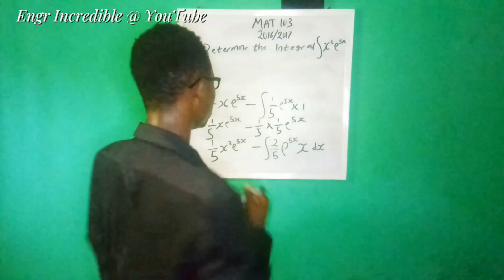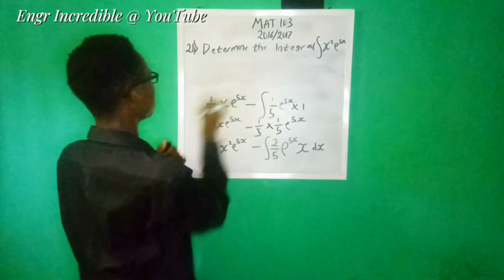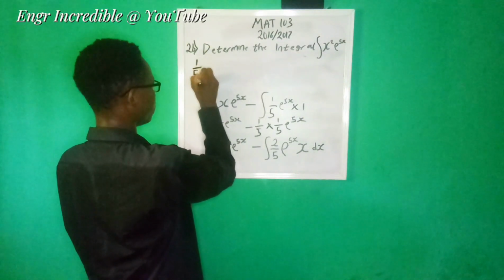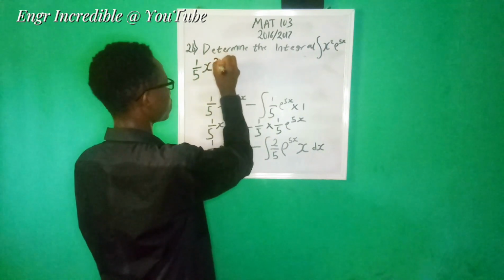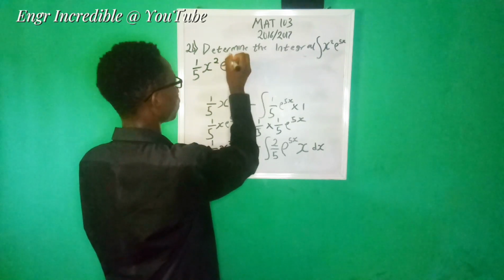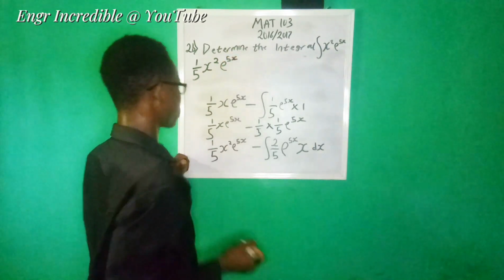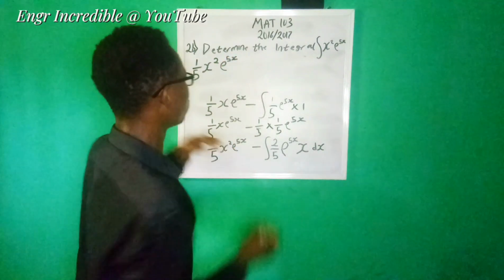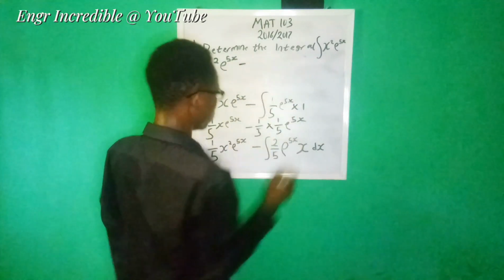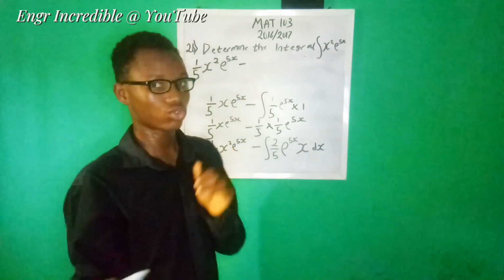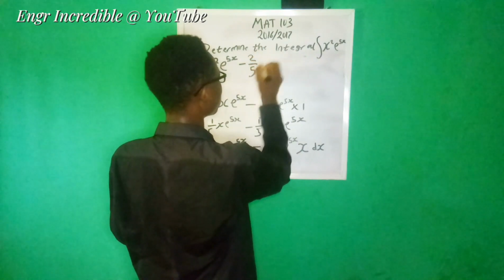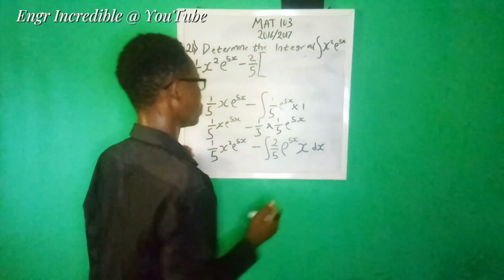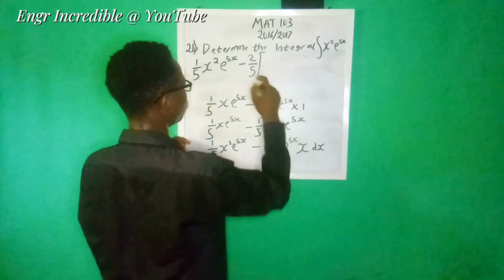Then when we put them together, we are going to have here 1 over 5 times x squared e raised to power 5x, then minus, now this 2 over 5, I said we bring it out earlier, we have minus 2 over 5. Now in brackets, what we integrated here, we put it there.